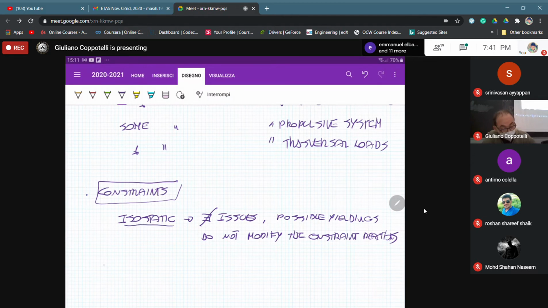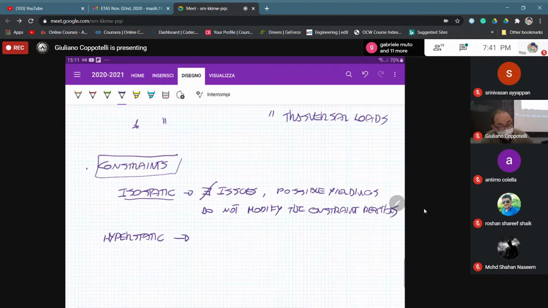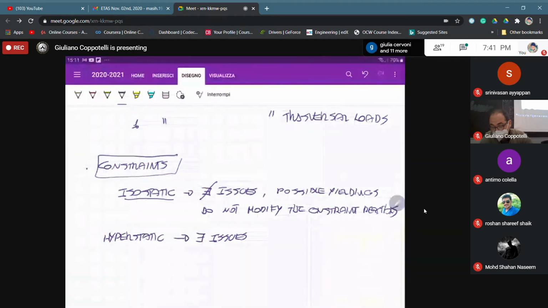Hyperstatic. And then here we are in trouble because here we got issues. Why? Because we are measuring with devices that are changing the load path.